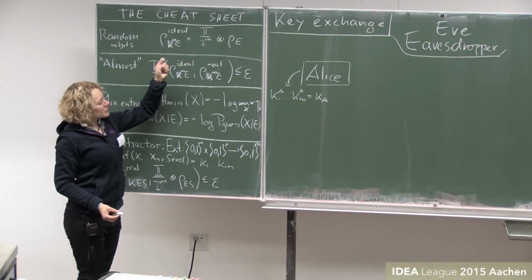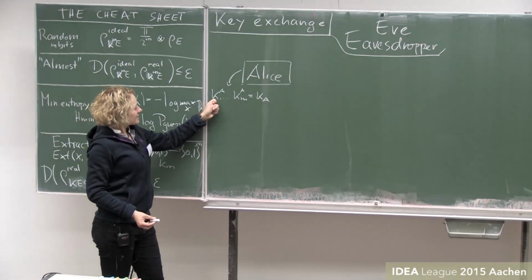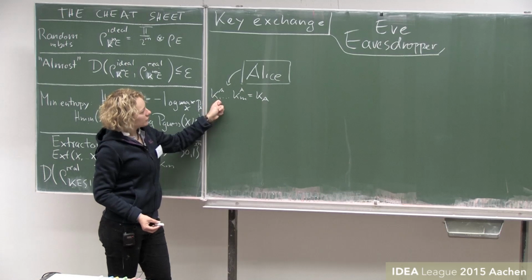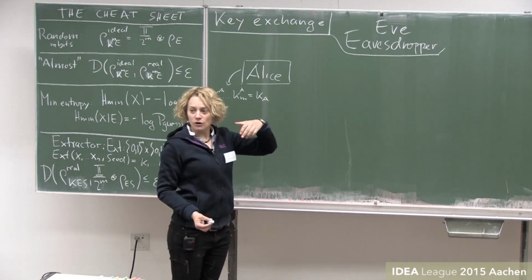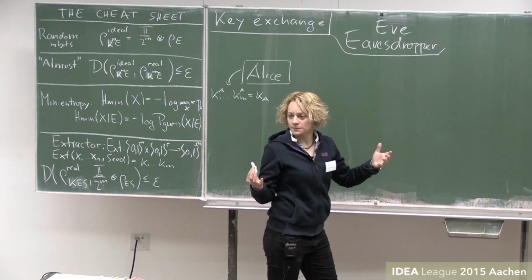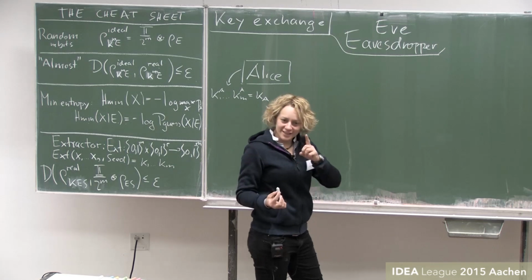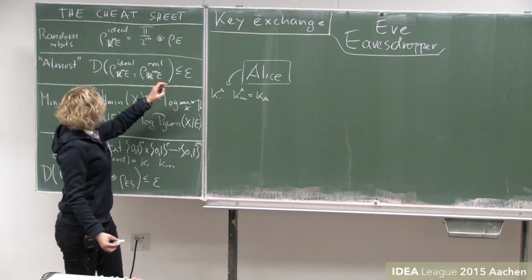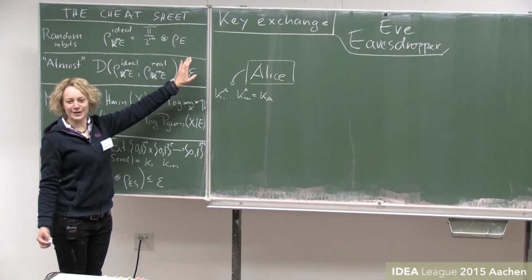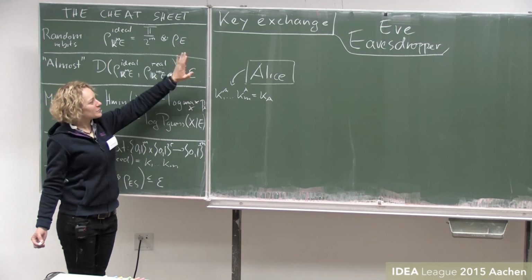We were just concerned that these bits k are uniform and independent of anything else, any environment. In particular, you should be thinking that this system E, which is why I called it E yesterday, is held by this eavesdropper.